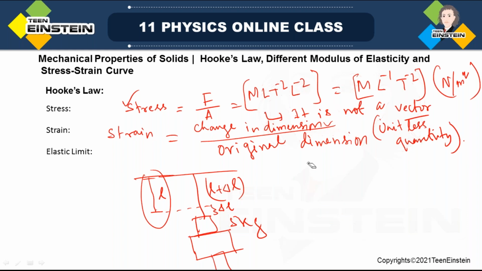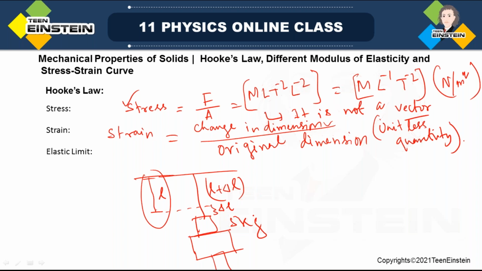So in the beginning we put the least amount of load, then keep on increasing, and upon suspending a sufficiently large load, the wire becomes permanently deformed. It does not regain its original shape and size.